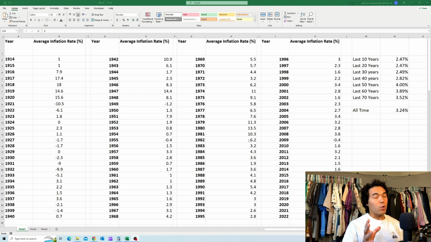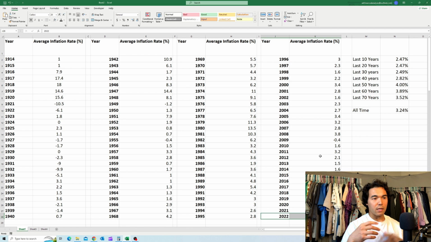I know there's quite a few numbers here. It's not important to get too hung up on all of them, but there are key takeaways that I would like to express before moving into the first example. Like I said, we have data from 1914 all the way up until 2022. What I want to do is isolate periods of time to try to articulate what the best inflation rate would be for our example.